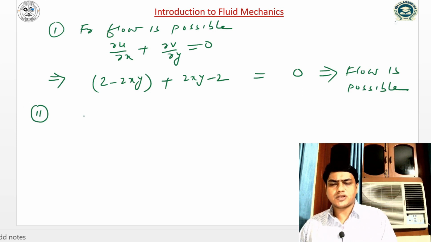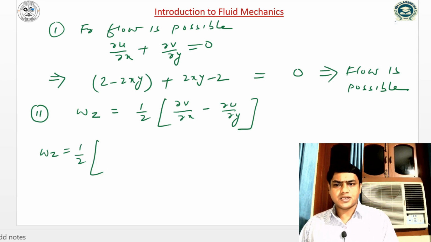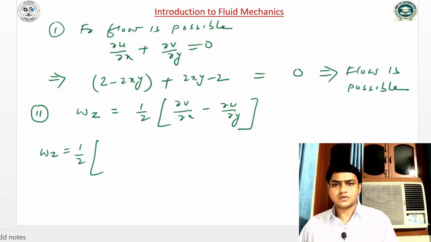Second part, we have to check whether flow is irrotational or rotational. So rotational component omega z can be written as 1 by 2 into del v by del x minus del u by del y. What is del v by del x? Del v by del x is y square minus x square, minus del u by del y.